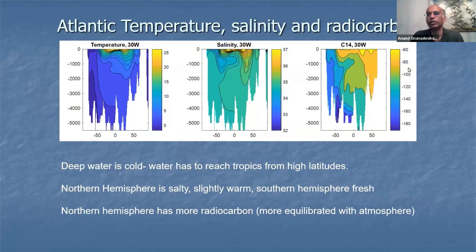If you look at this, hope you can see my cursor, the radiocarbon is high in the north and lower in the south. You'll also see that the temperature is low throughout the ocean.